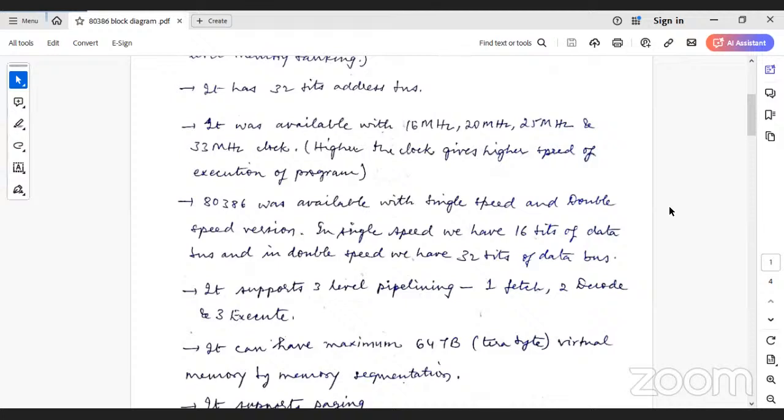Now it can have a maximum of 64 terabytes of virtual memory. So if you want to increase the memory, you can increase it up to 64 terabytes of virtual memory. In all the block diagrams, we had some internal memory which can be used when you are executing the program.